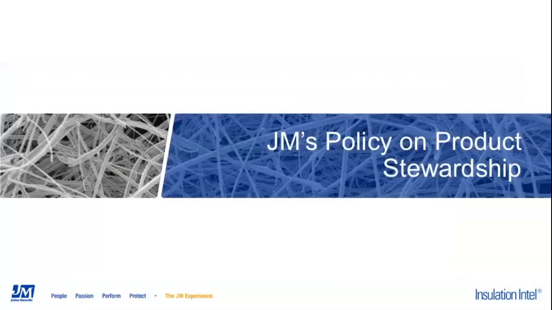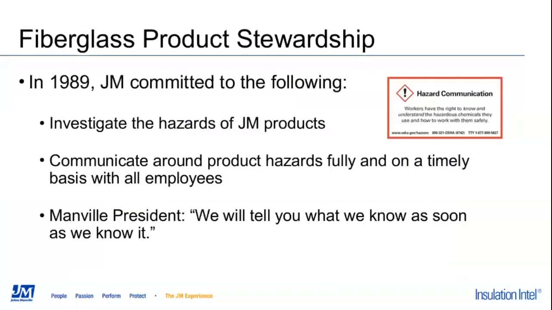Thanks, Kim. When I first started at Johns Manville back in 1990, it was very important to me to understand that Johns Manville had a strong product stewardship policy. And I would say Johns Manville really was there, because back then Tom Stevens, our CEO, made the following three commitments.